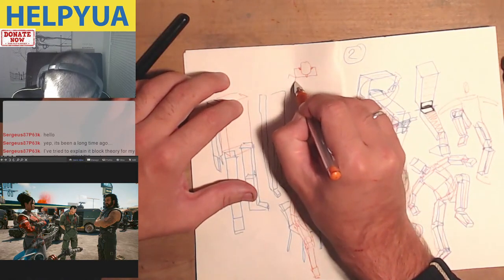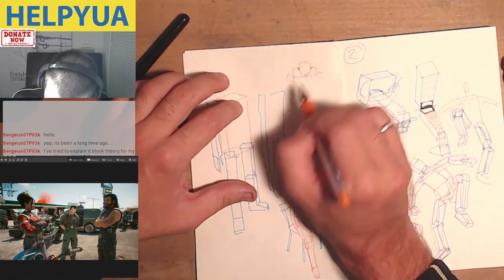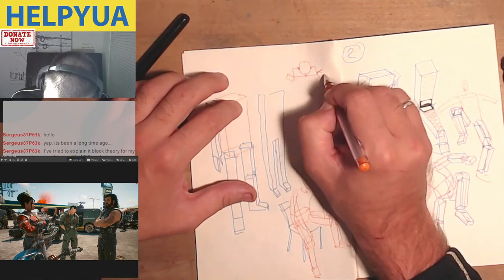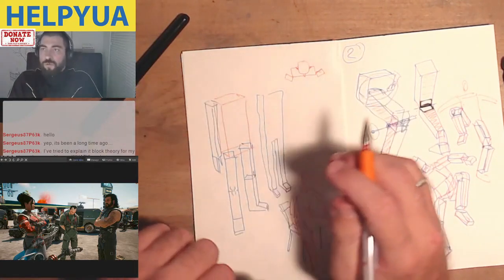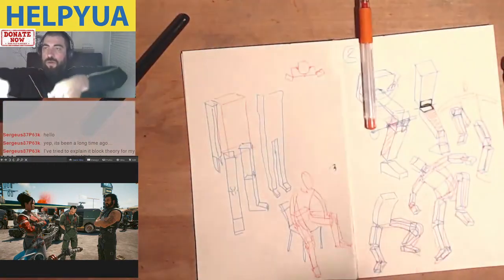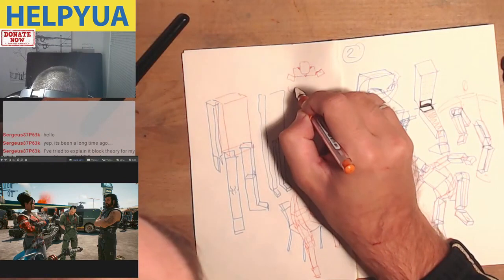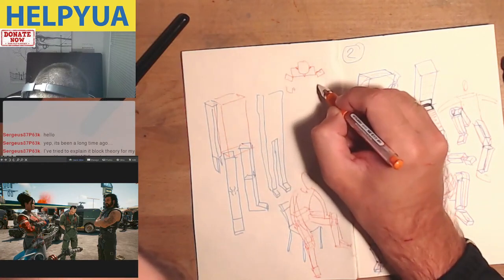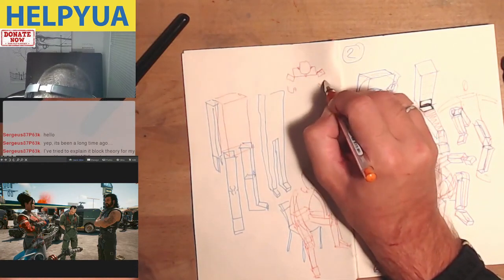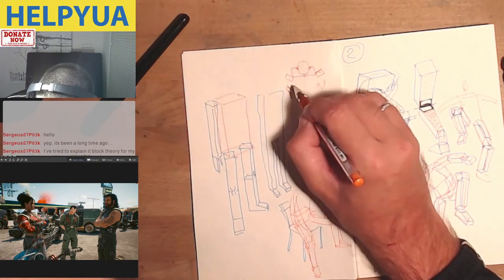Your hands are actually a little in the front, a little like this.